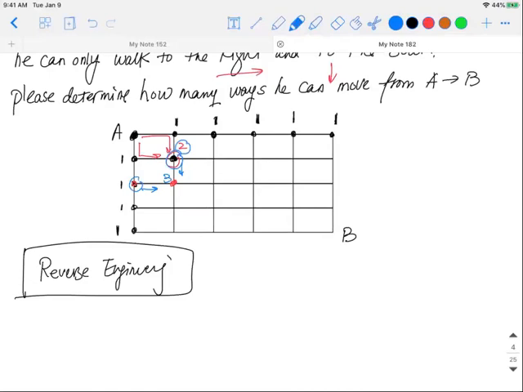So that means what? As long as you add the two adjacent numbers on the diagonals, you can determine how many ways Peter has to come to here.